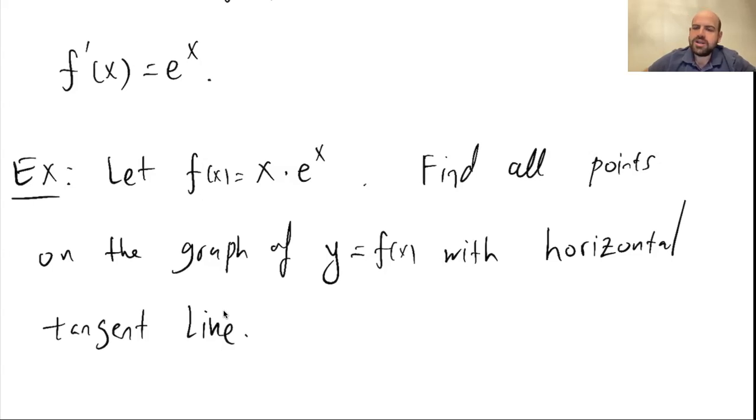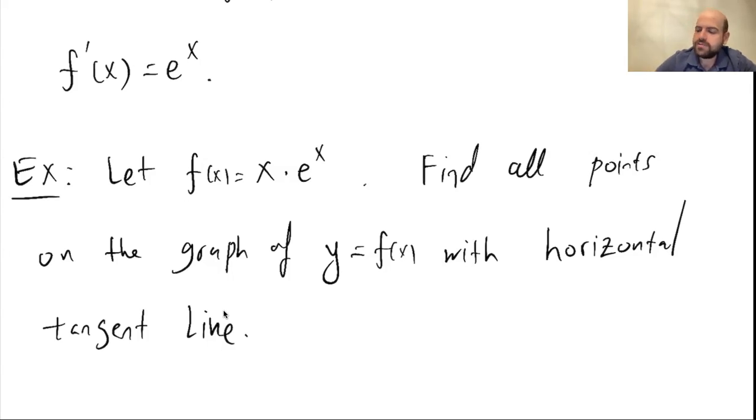Or I can change it a little bit further, and ask you, for example, for points with horizontal tangent line. Horizontal tangent line means the slope of the tangent line must be 0, which means the derivative must be 0. So in other words, I'm asking you to find the roots or solutions of f prime of x equals 0.